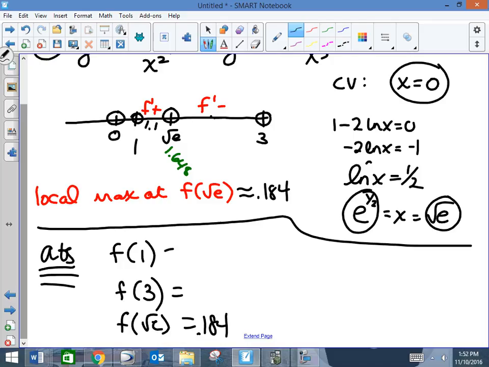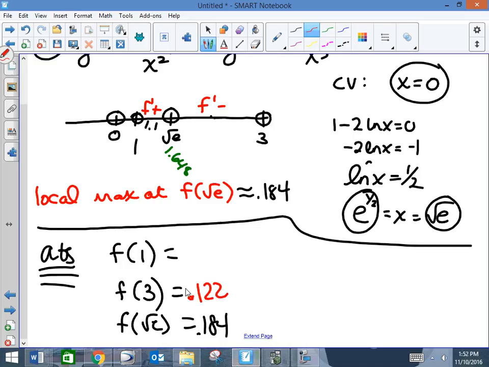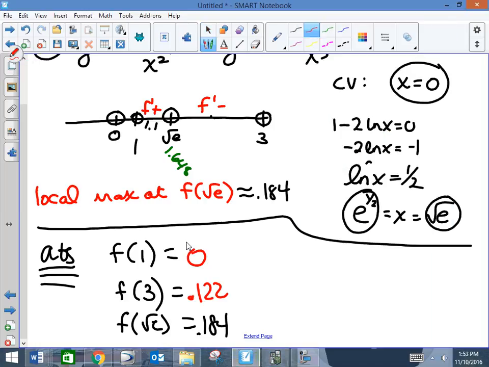Okay? All right, do the same thing. Your calculator's already ready. All you have to do is put 3 in. So what's 3? Wait, 1, 2, 2. Okay? No, this is the f. Yes. And then put in a 1, and you have 0. Okay. So tell me what is the absolute max?